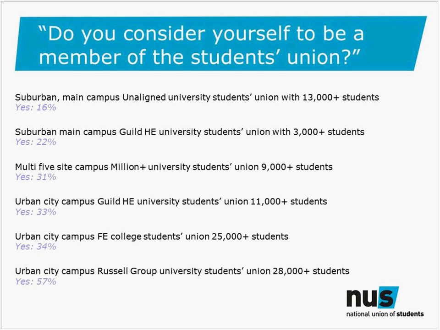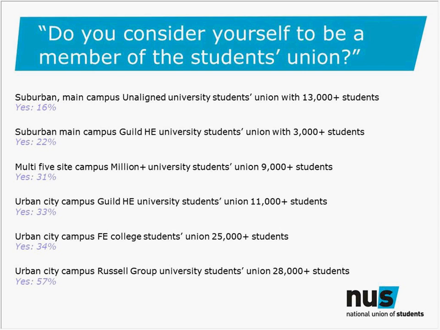But how we frame ourselves as students' unions, automatically, and there's nothing wrong with this, is that we go to vision, mission, and values. The vision and mission were borrowed by the charity sector from the corporate world, and students' unions have really just borrowed them in turn.